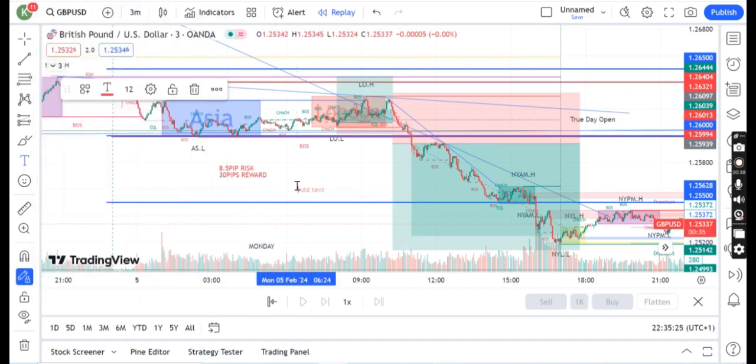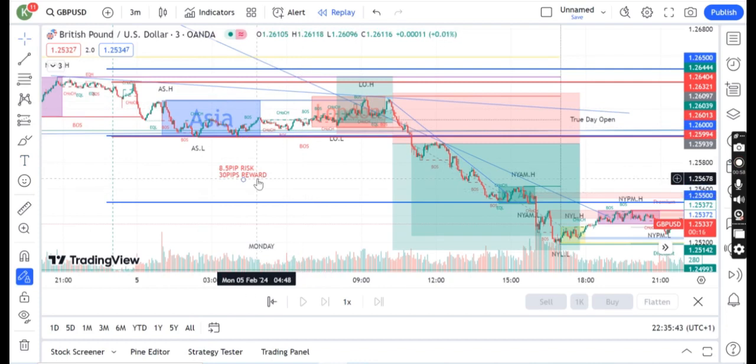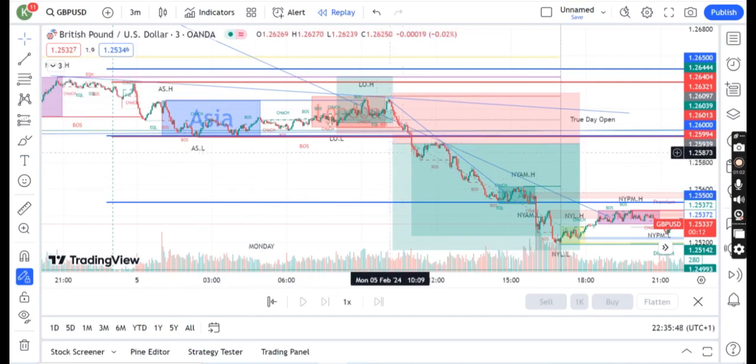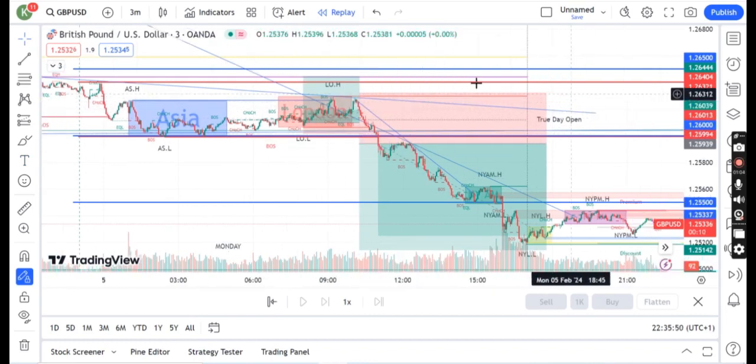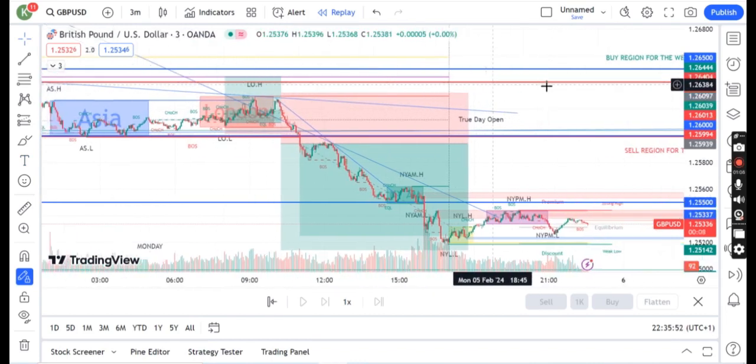Now it is clear that 8.5 pips to 30 pips is a 1 to 3.5 risk reward ratio. This is a good risk. It's a good stop loss for a small account as small as $10, and it's a good risk reward ratio. Is that okay? So that's something I wanted to show you for account size on the charts.